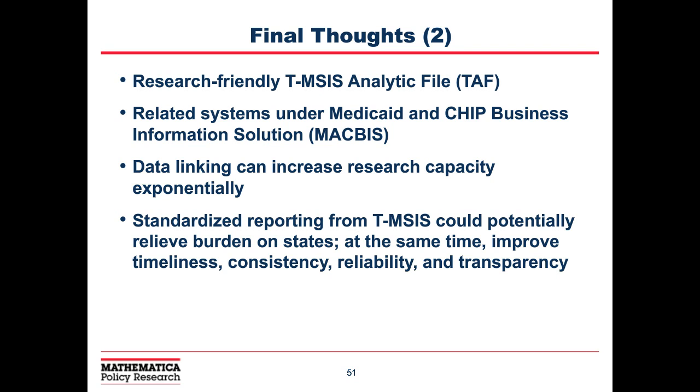Finally, standardized reporting from TMSIS could potentially relieve burden on states, at the same time improve timeliness, reliability, and transparency of the data. So I think that's a sign both the states welcome as well as researchers.